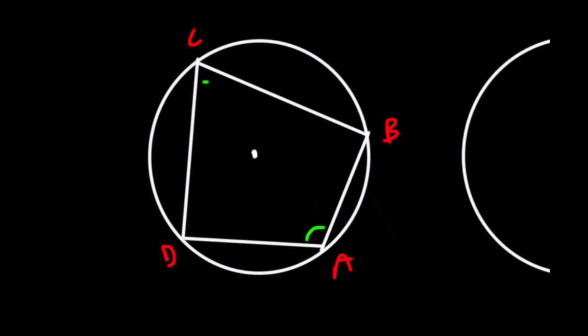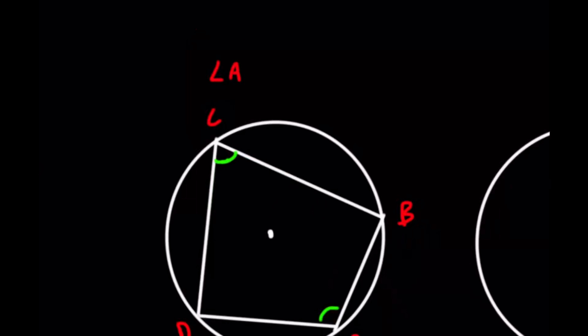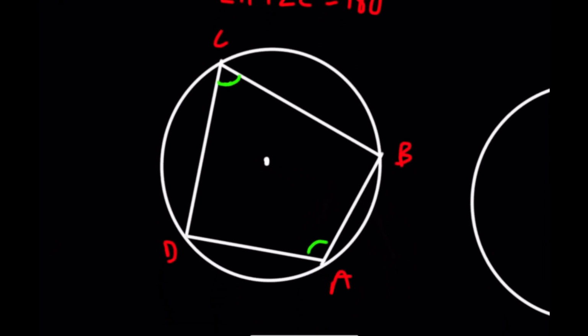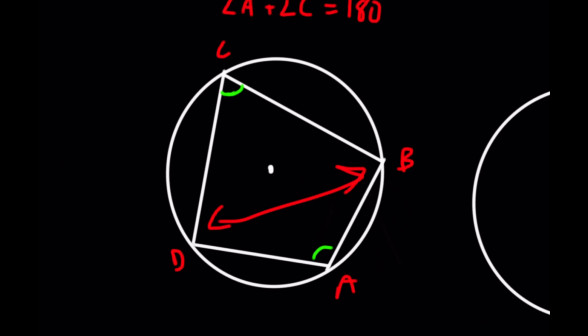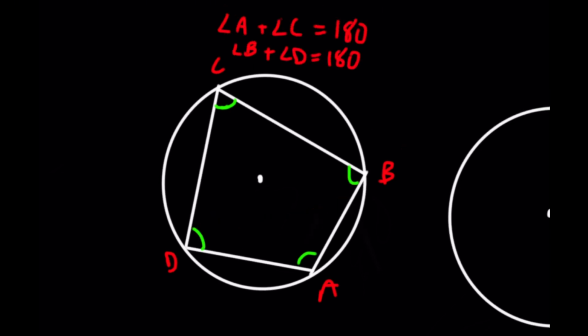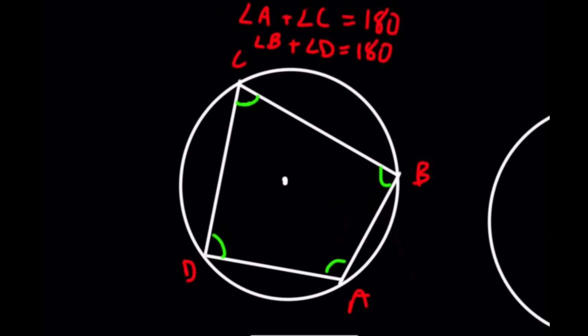Angle A plus angle C equals 180, and the same goes for B and D. So that is the theorem for quadrilaterals in a circle.